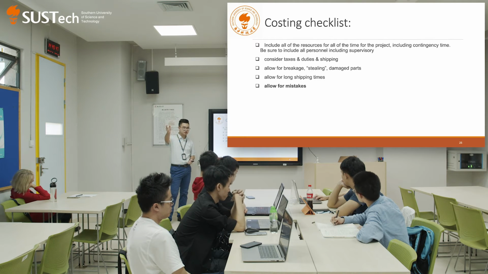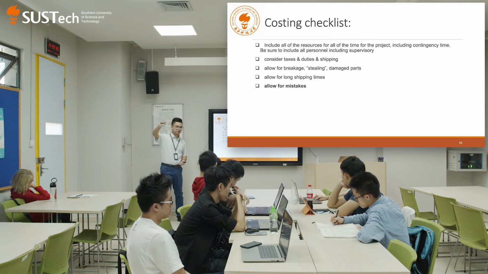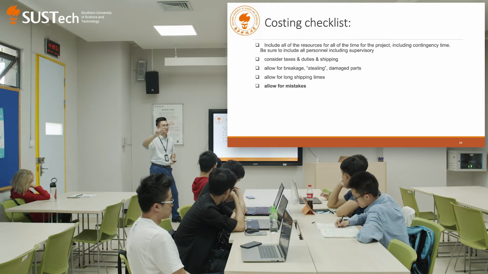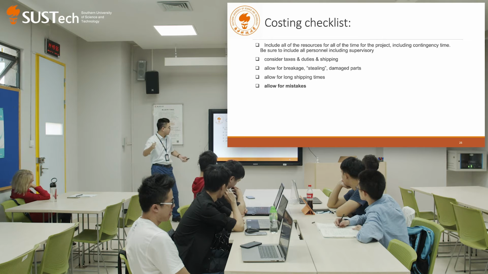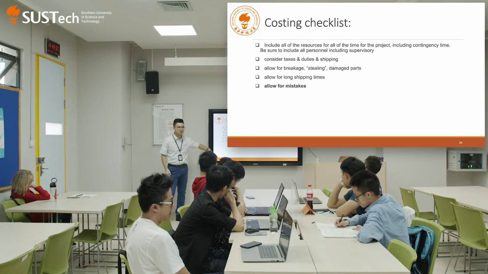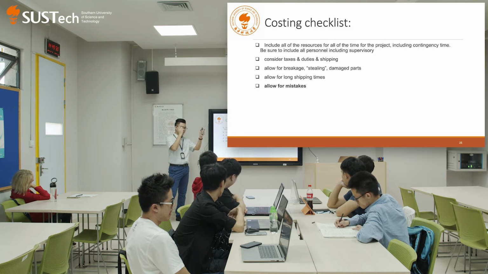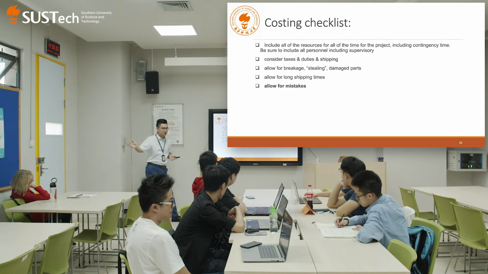Remember your Gantt chart: one task is correlated with the other. One task finishes, the other task starts, right? So it's important to take account of the shipping times. If the shipping time intersects with a certain task, it will delay the whole schedule of your project, right? That is something you need to work on.